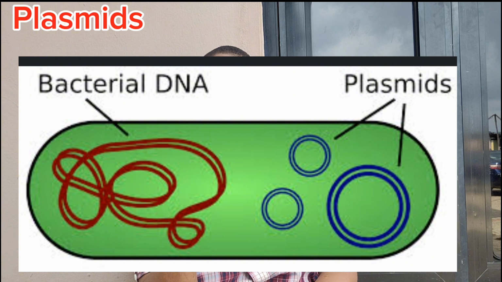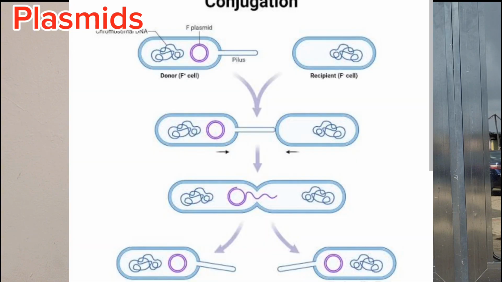Another important role that plasmids play is that they help a bacteria or any other cell to become really pathogenic in nature. The presence of our col plasmid, our resistance plasmid, and our virulence plasmid will make a bacteria really, really pathogenic in nature.